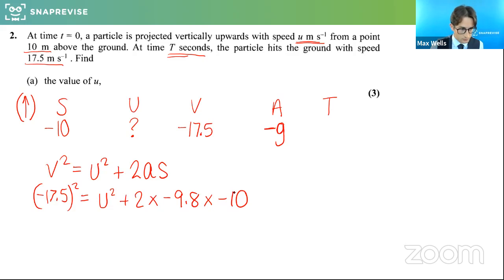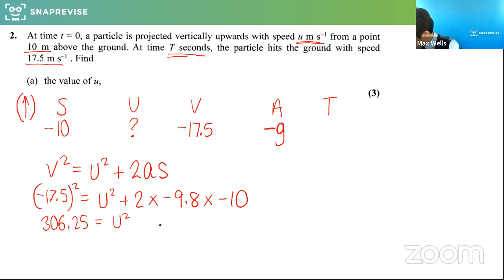So what we get there is that will become 17.5 squared. Let's have a little look what that actually is. 17.5 squared, 306.25. And it will be positive because I've squared a negative. So U squared, and then we've got positive 98 times 2.